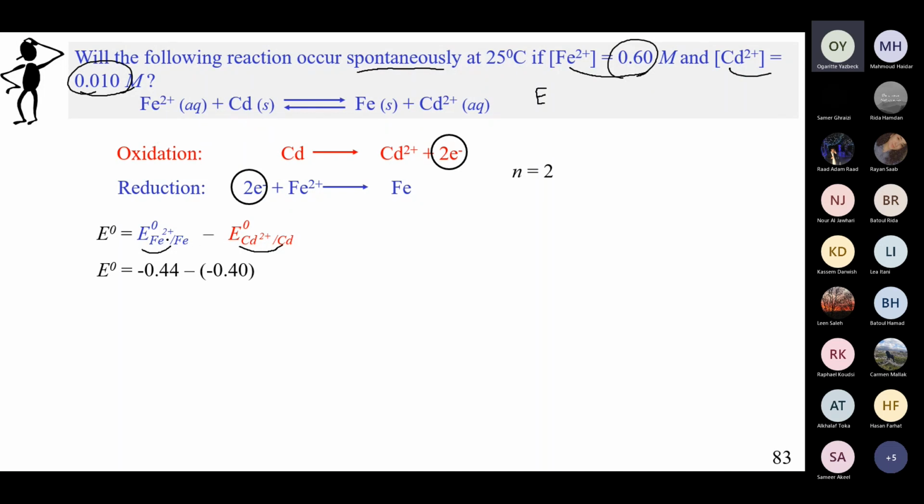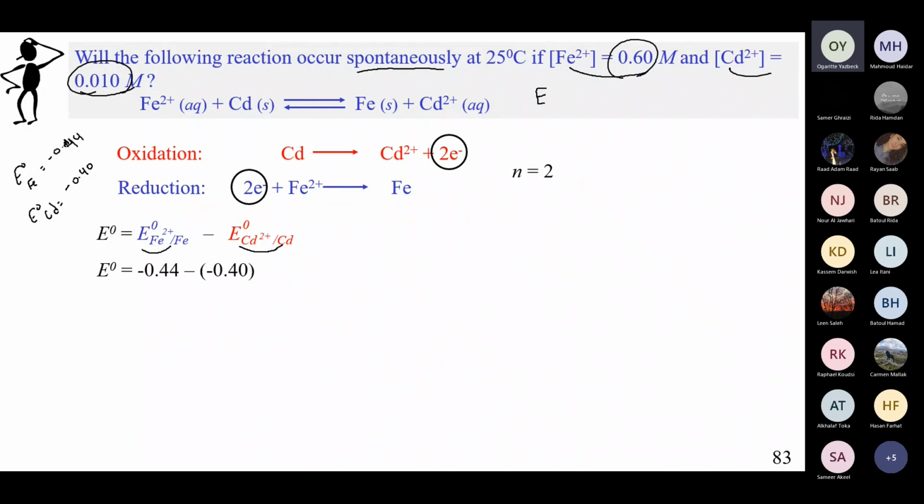Usually, let me say, if I were choosing the reaction: the E naught of iron is minus 0.044, while the E naught of cadmium is minus 0.40.